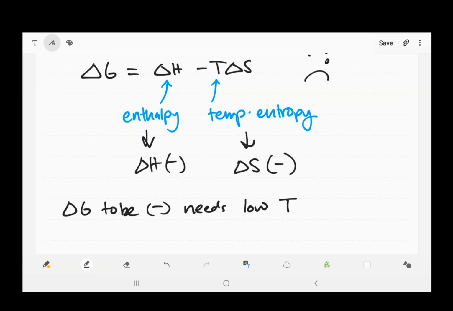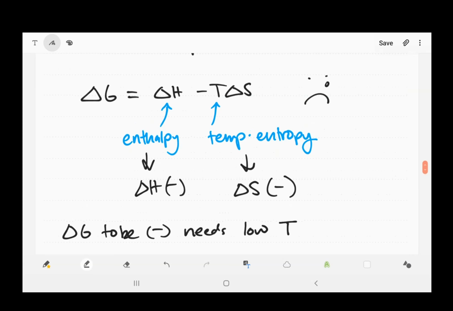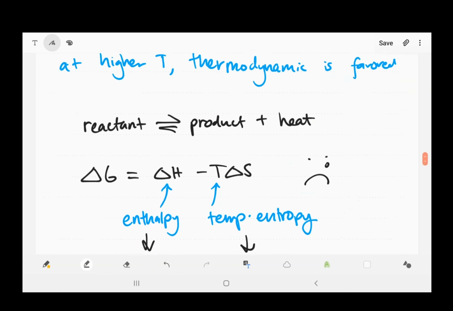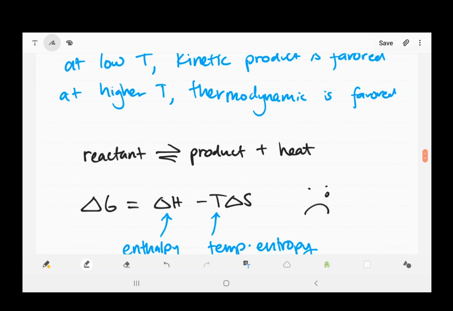We're going to see that these entropy and enthalpy effects still do have some factor in why we get certain products over certain other ones. So if we want the reaction to happen at all, we're going to need low temperatures. But if we throw extra heat at it, we're going to end up reversing our reactions. Remember, that's part of delta G as well. As soon as you make delta G positive, you end up going reverse.